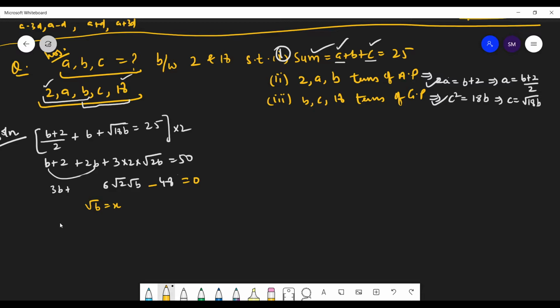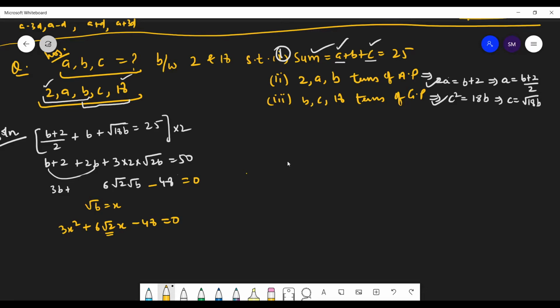So again you have a choice. Always remember one thing, students. In the last question also, in this question we have root 2. So if you want to split the terms like 6 root 2, you will definitely have root 2x. So you will have two values with root 2x, and the product must be 48 multiply 3. So 48 multiply 3, out of that 2 is gone. So you are left with 24 multiply 3, right?